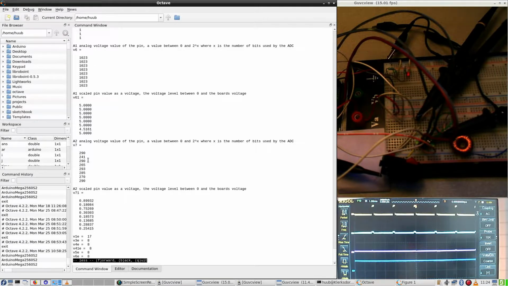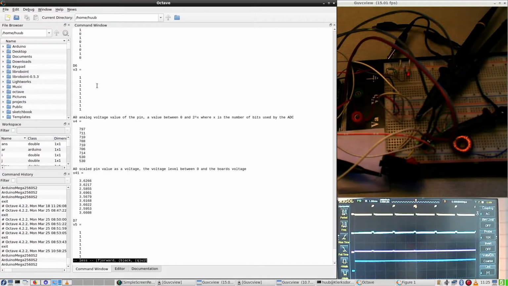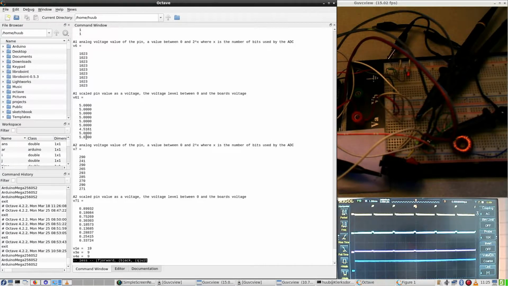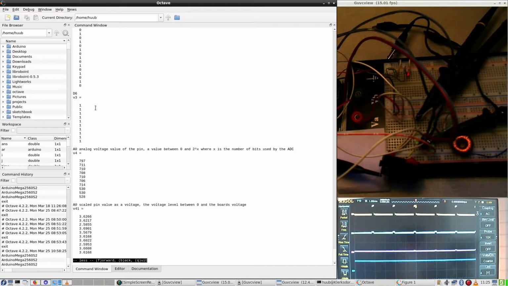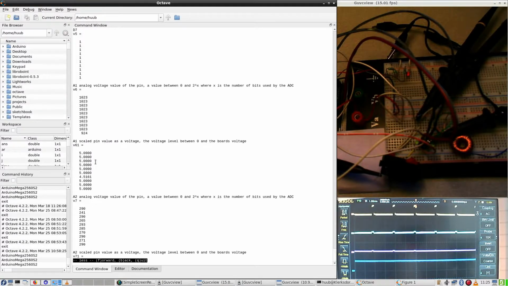Is there any other thing that is remarkable here? 270 to 90, so that is different. 5 all the time, 5 all the time, 20. Okay, forward again. Yep, one different. Here a different value.